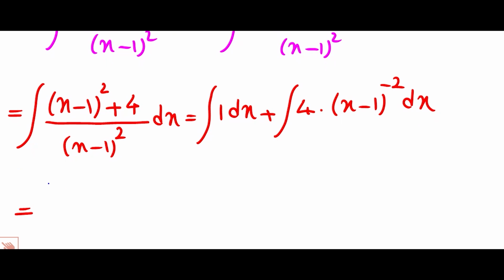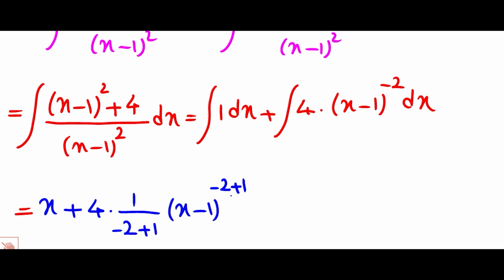We have the integral of 1 dx equals x, plus 4 times, if we use the power rule, 1 over (negative 2 plus 1) times (x minus 1) to the power of negative 2 plus 1, plus c. We have x plus 1 over (negative 2 plus 1), which equals negative 1. So negative 4 times (x minus 1) to the power of negative 1 equals negative 4 over x minus 1.